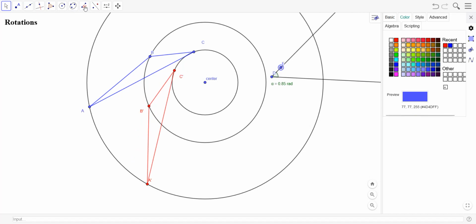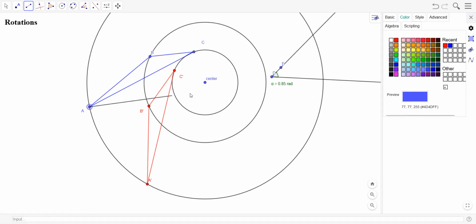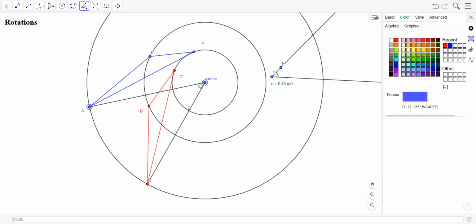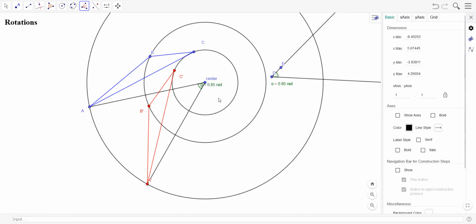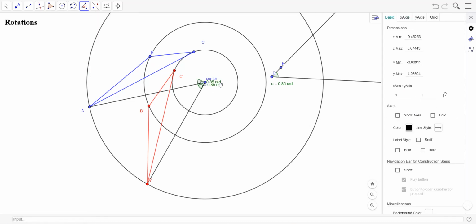Now, the angle that we get, let's just do it with line segments. The angle from A to the center to A prime should be the same angle here. 0.85 radians is that one there, see? And from B to the center to B prime, also the same.